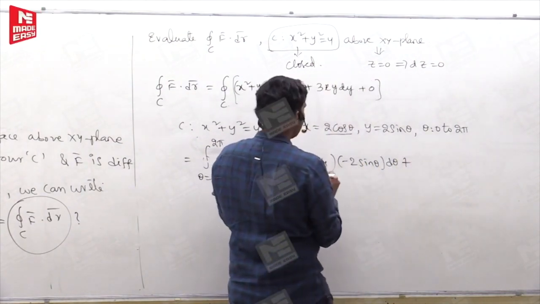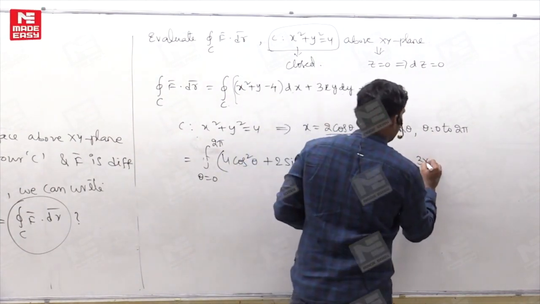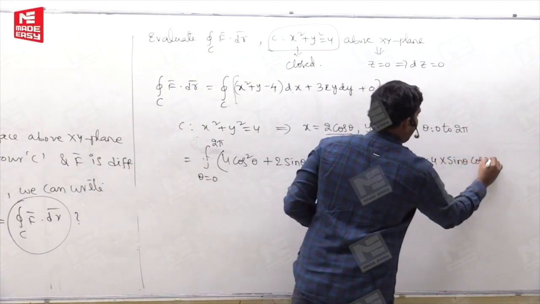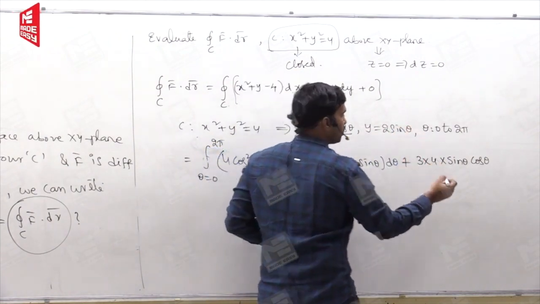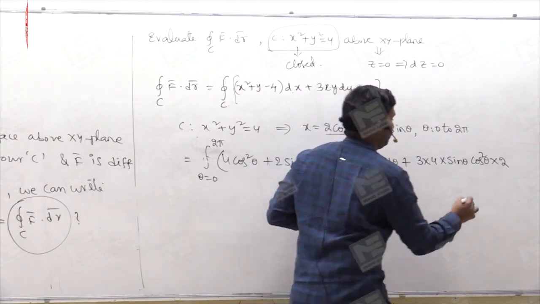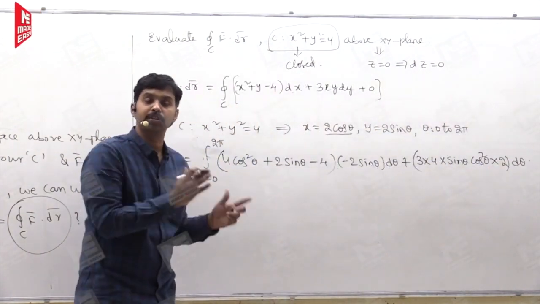What is 3xy dy? It is 3 into x into y, so 3 into 4 into sine theta cos theta, into dy. What is dy? It is 2 cos theta d theta. So this is how everything has been written in terms of theta.